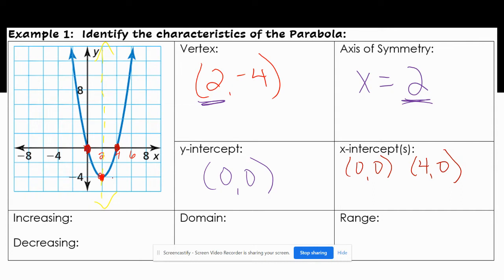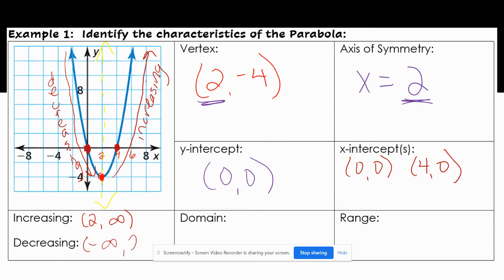Increasing, if I'm tracing my graph, I'm going up on the right side, and that is from the vertex at x is 2 to positive infinity. Decreasing is over here on the left side, which starts at the arrow for negative infinity and stops at our vertex at 2.